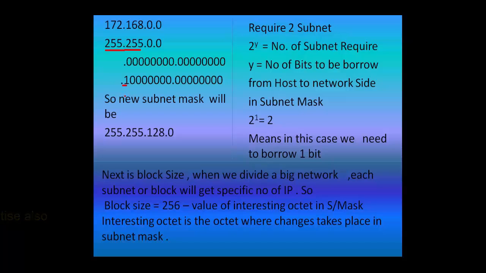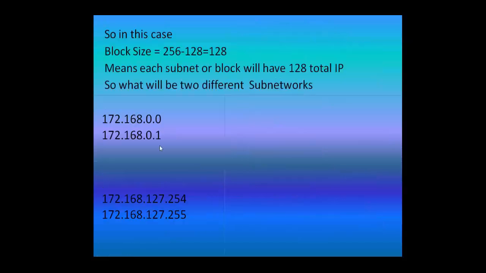So all the variations come in the third octet. This 128 impacts your third octet, not only the fourth octet.